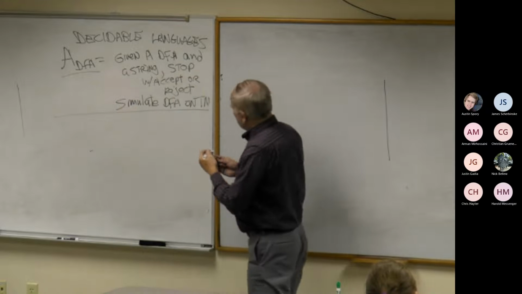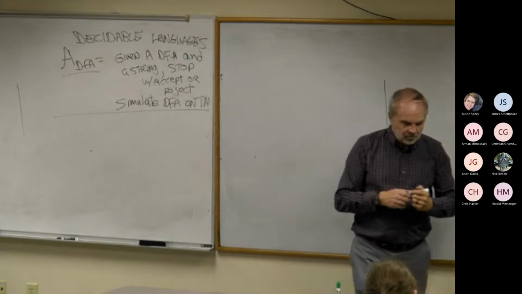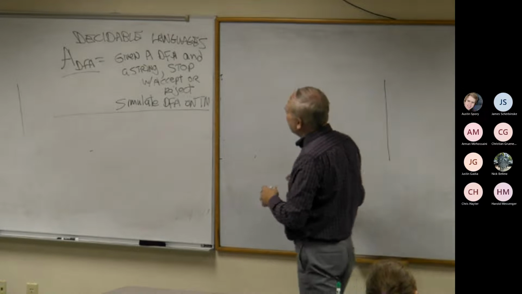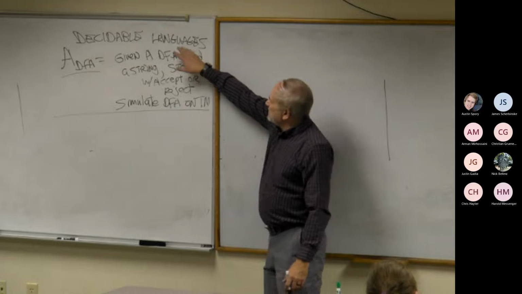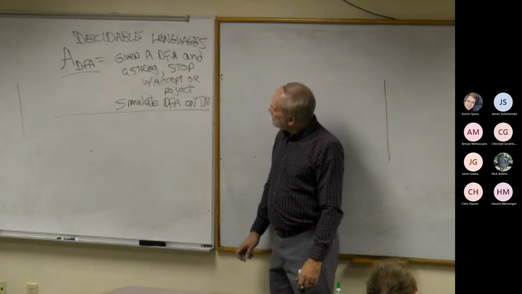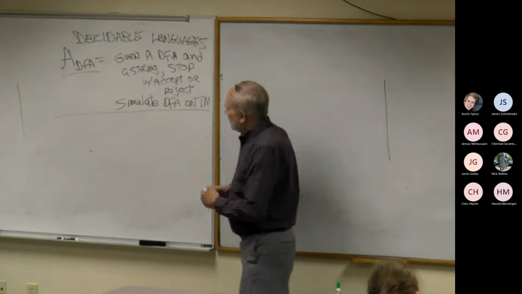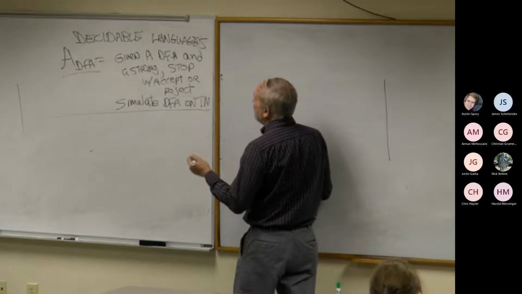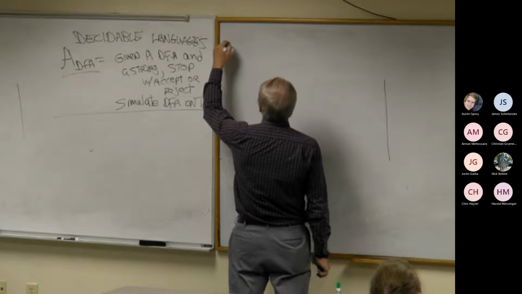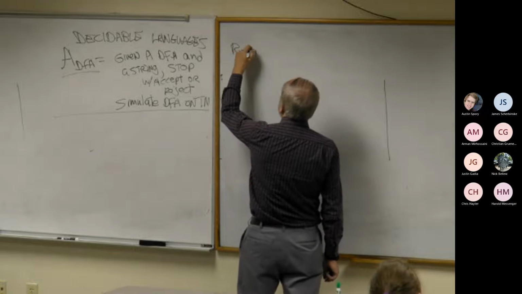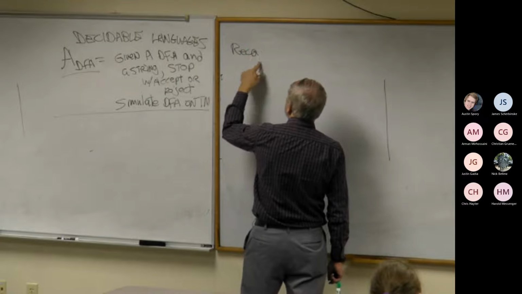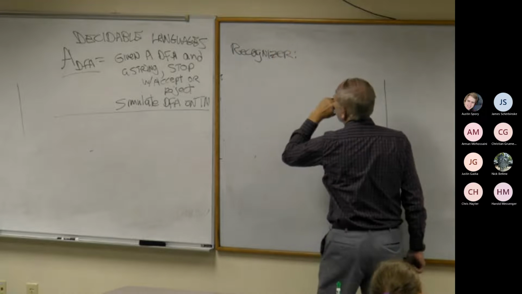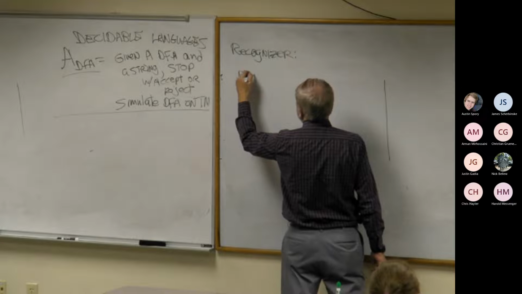So these are all in the context of feeding something into a Turing machine, and remember the choices between the two major things that a Turing machine can do: a recognizer and a decider.